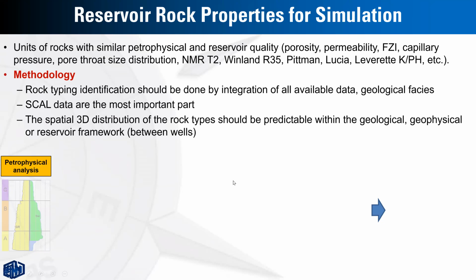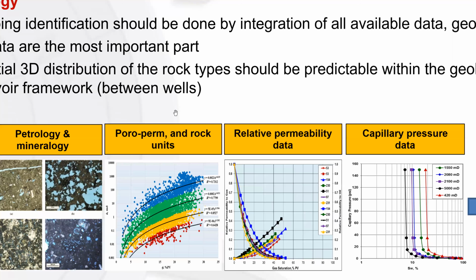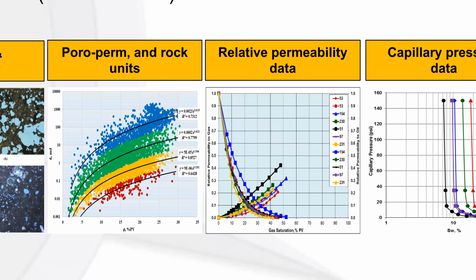So for reservoir simulation, you can integrate all of the inputs together from petrophysical analysis, petrology and mineralogy or thin sections. Porosity, permeability, and rock types must be integrated with the rock typing defined in the 3D reservoir model.